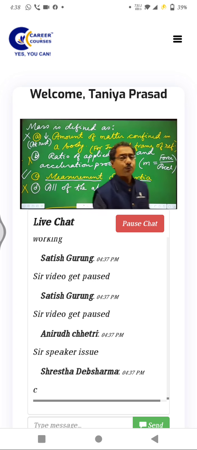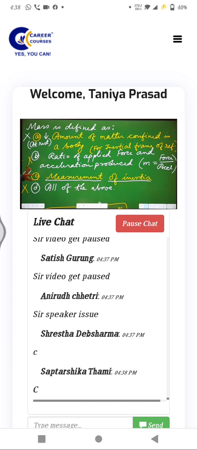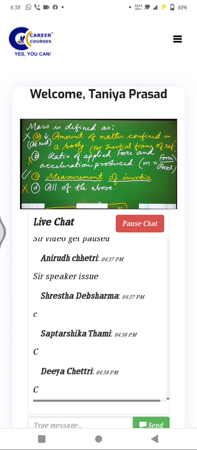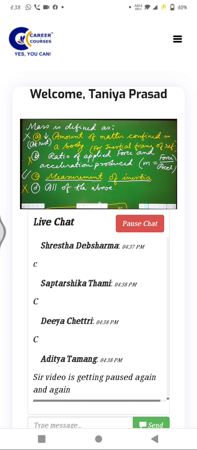In all of the cases, option C stands well. So this one is a far better definition than the other three. That's why in the competitive examination, only option C will be considered as the best correct one.